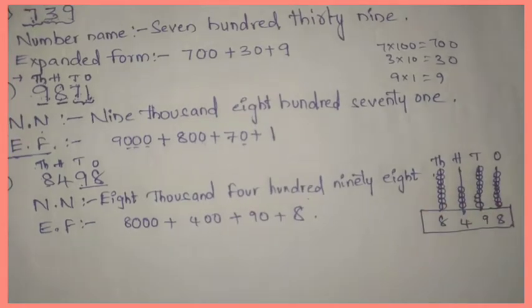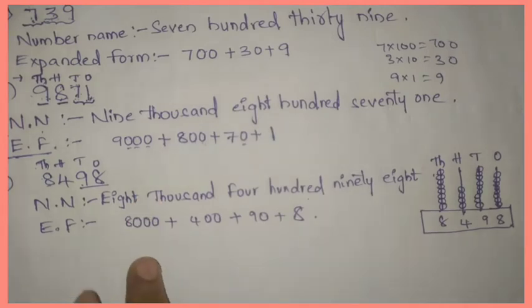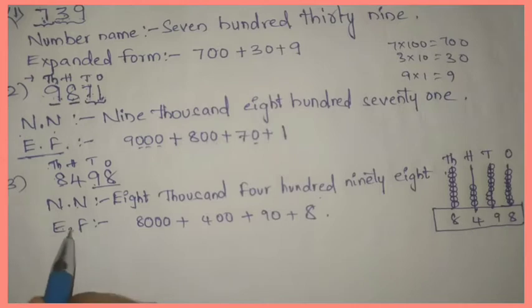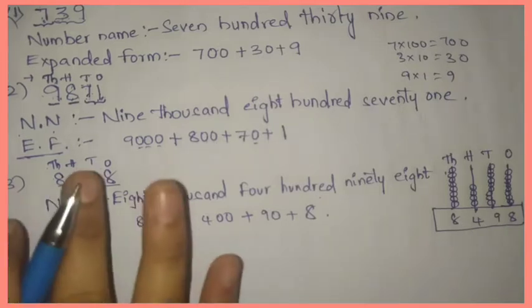Okay, this is number name and this is expanded form. In your notes you have to write number name and expanded form. Okay, don't write NN and EF.